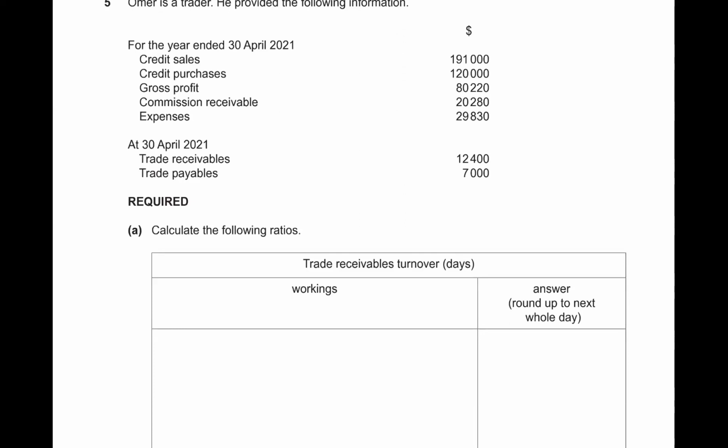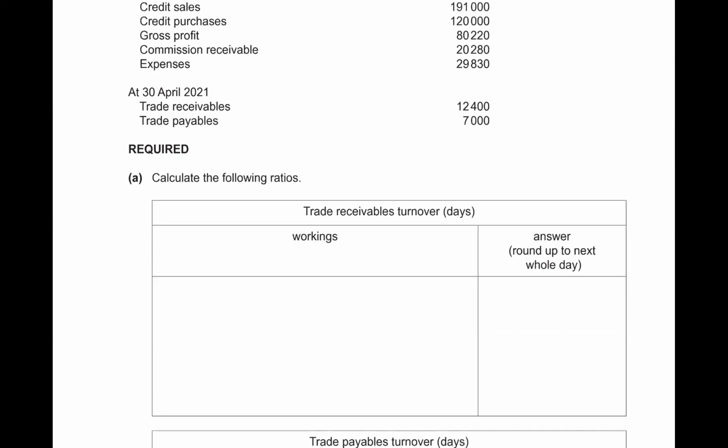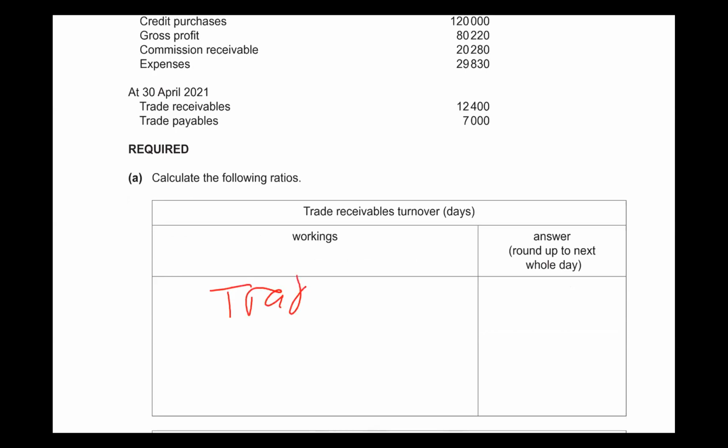The trade receivables days, we are going to choose the days. The trade receivables days equal to the trade receivables divided by what? What's the denominator? Okay, so trade receivables over the sales.